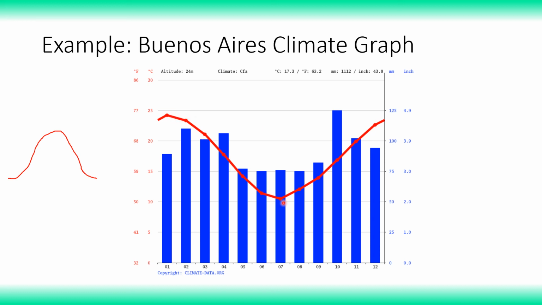But then in July, the average temperature is like 10, 11 degrees, which is much, much colder than those of us in the northern hemisphere are used to for that time of year. So this is something that will hopefully help with your climate projects, and explains why, for those of you studying cities in the southern hemisphere, the temperature curve looks upside down, if you will, to what you might be expecting.